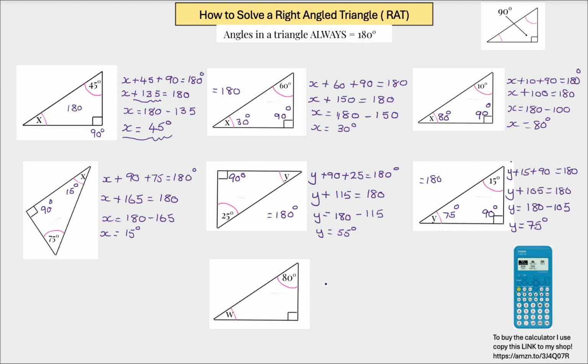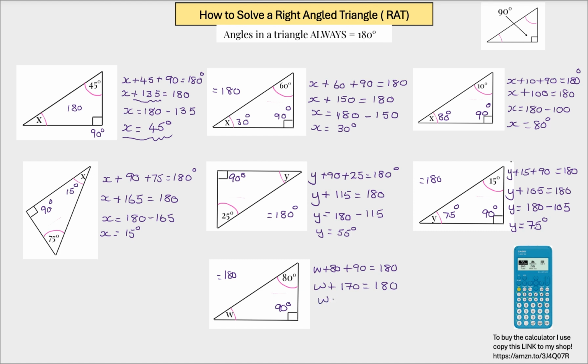And then the final one, fill in, write what you know. That's 90 degrees, and we know it all equals 180. So we've got W, our unknown, plus 80, plus 90 equals 180. Collect our like terms. So 80 plus 90 is 170.